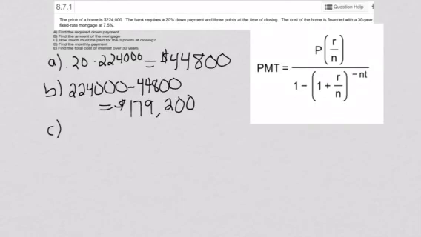All right, so we'll do $179,200 times that 3%, which is 0.03, and that's going to give us $5,376. So that's how much must be paid for the 3 points at closing.